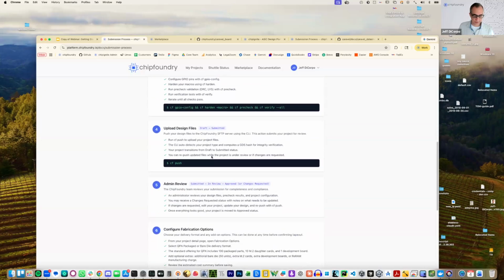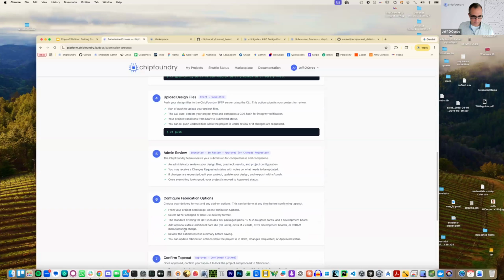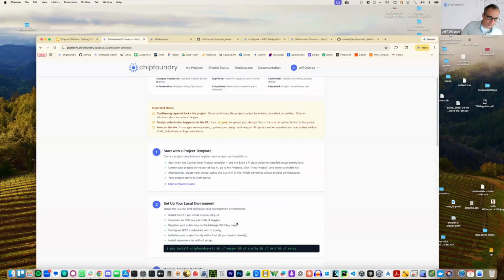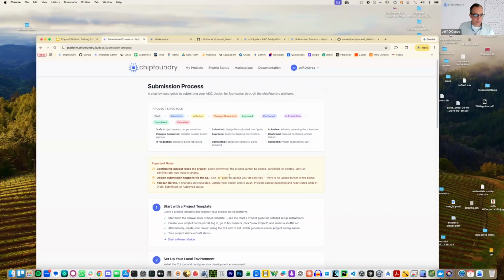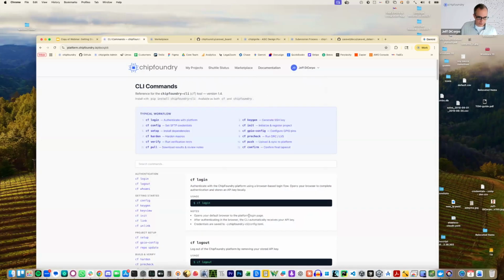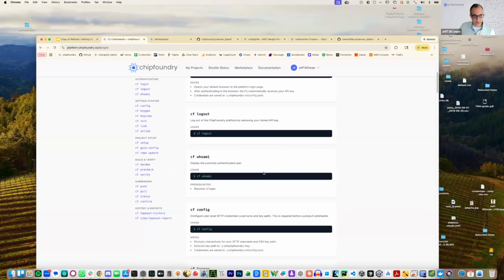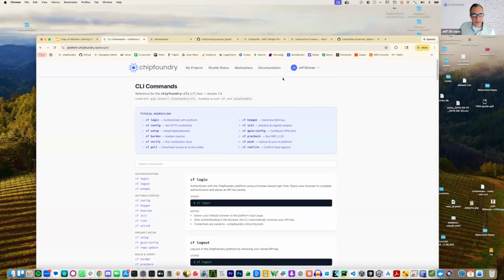And then there are commands to push your design files to us, and pull back the results and correct and iterate on your design as you work through the submission process. That's invaluable. There's also a good reference for the CLI commands in the next link down. This is your reference for all the commands available through that CLI tool, so I encourage you to check that out as well.